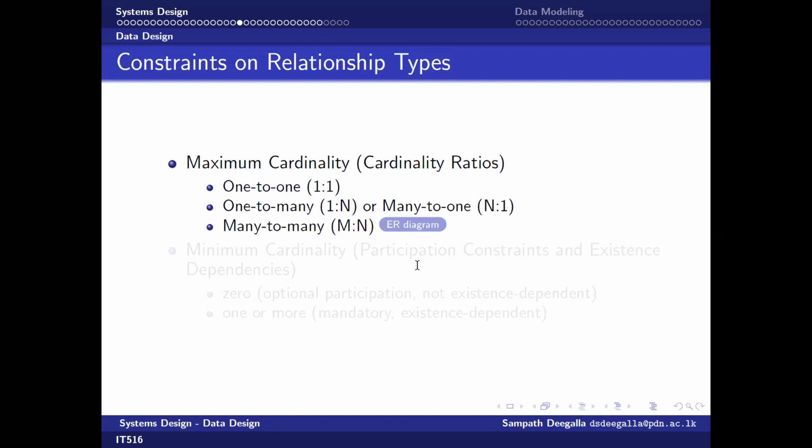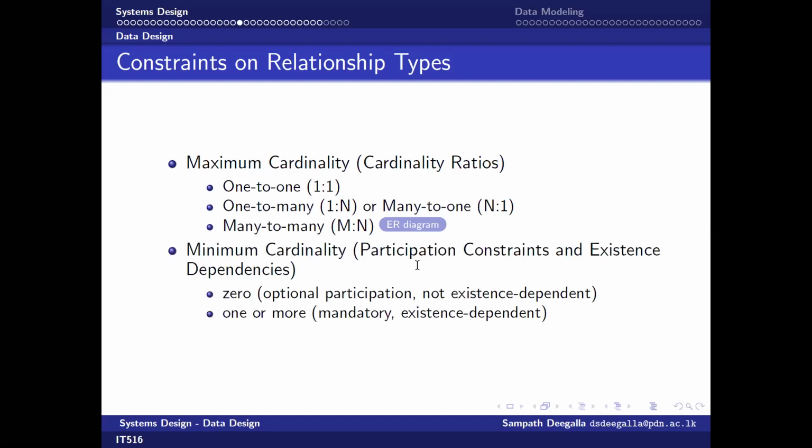So that is one. Then you have to specify the cardinality, minimum cardinality, meaning what is the minimum number of existence in the relationship, right? So sometimes there could be partial participation. In some cases it is mandatory, one, no more.